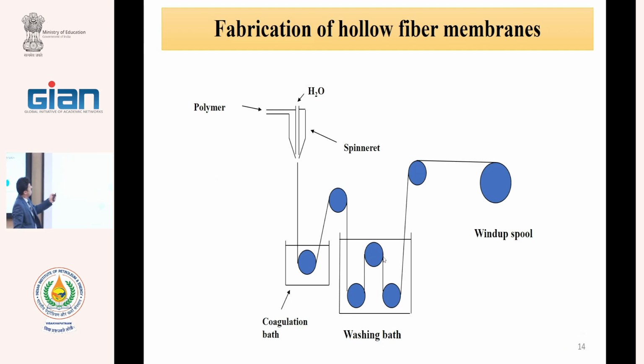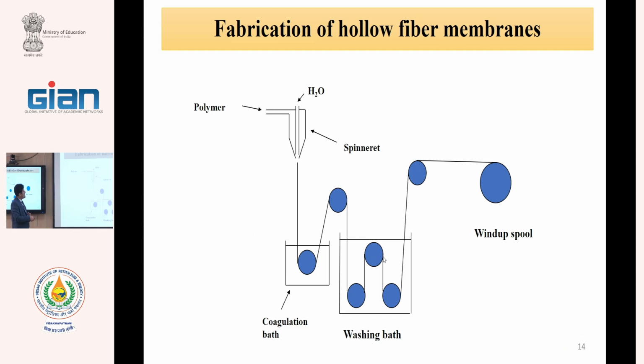This water, this bore fluid, we say bore fluid. Bore fluid will be inserted in the spinneret inside of the tube. And after the production of the tube, it goes directly to the coagulation bath, and the other process is similar to the flat sheet.